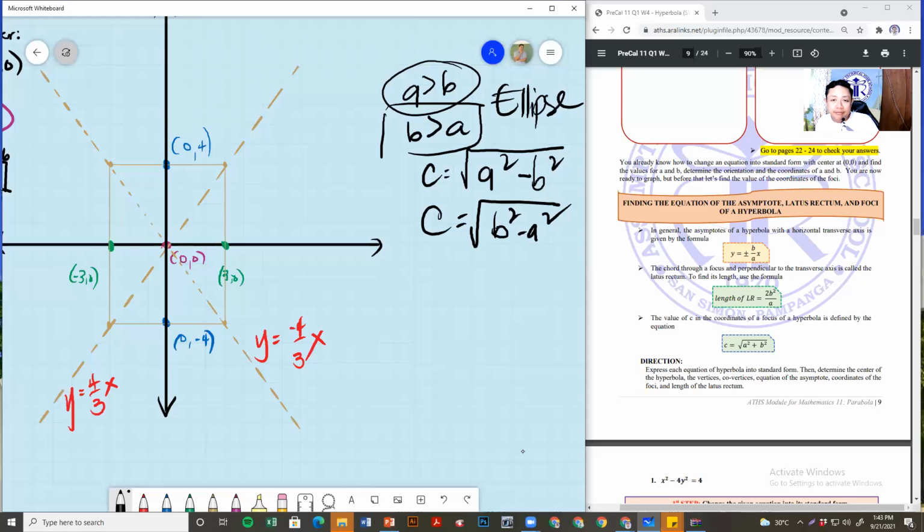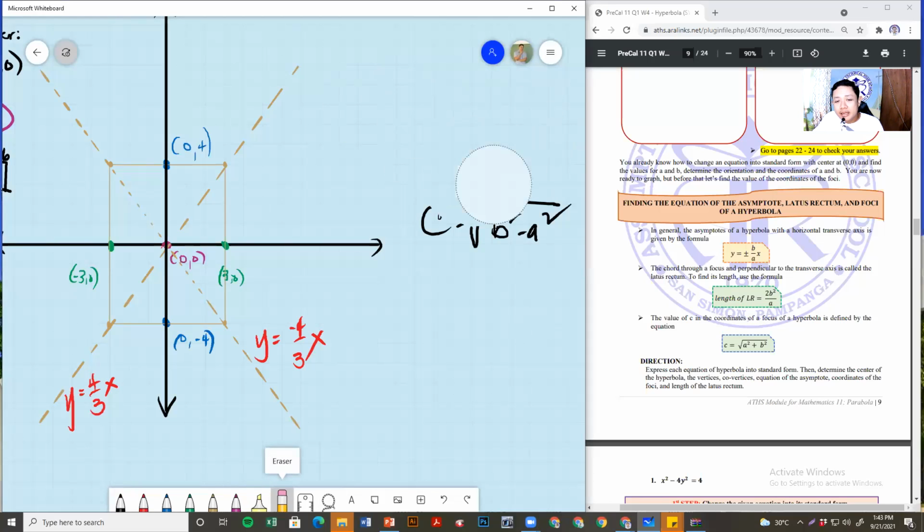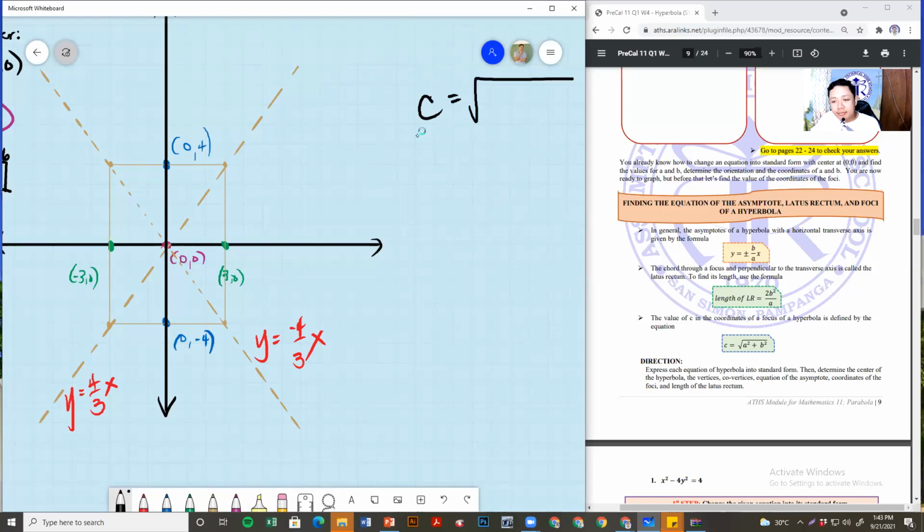But for the hyperbola, it's the opposite operation. And what is that? To identify your c, you should be using c is equal to the square root of a squared plus b squared. So in the hyperbola, you need not worry which is bigger because we are using addition.